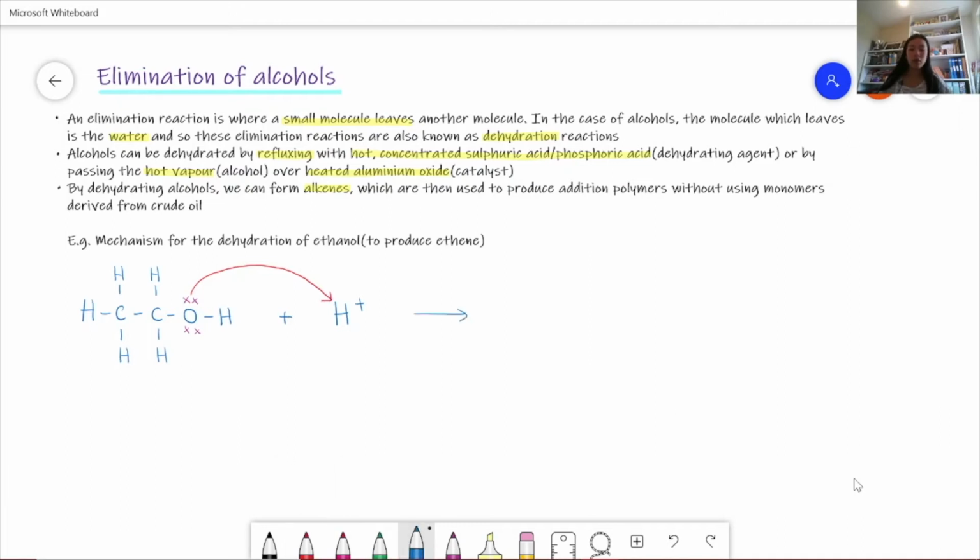And then what we form is this sort of intermediate where we have CH3, CH2, and then the oxygen, which has now formed a bond with this H plus, and it already had that bond with the hydrogen. And so now the oxygen is actually positively charged because we've gained a H plus.